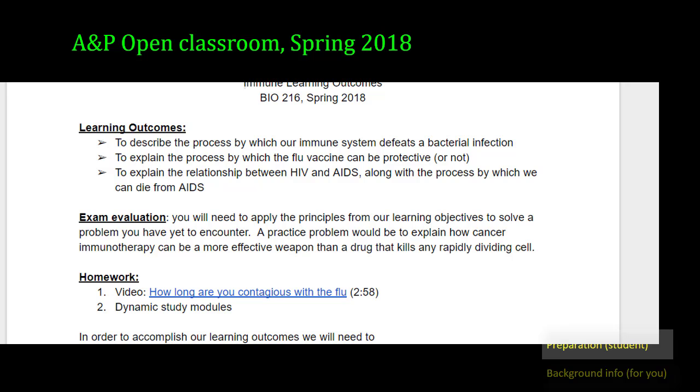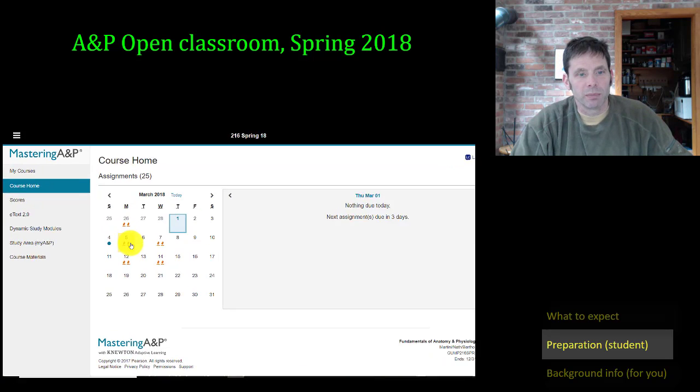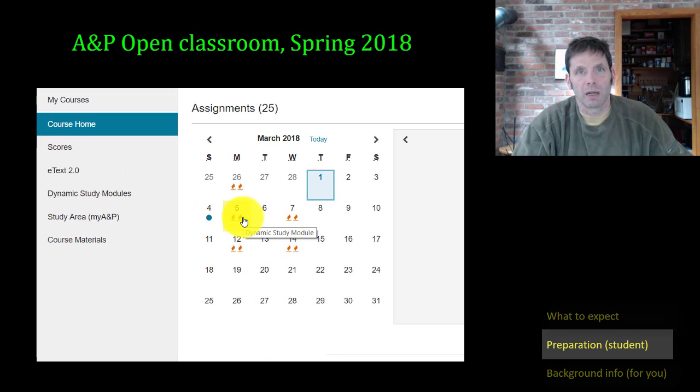Okay, what are dynamic study modules? Dynamic study modules are an interactive way of going through the book chapters. I'm in masteringamp.com. This is a companion site to the textbook.